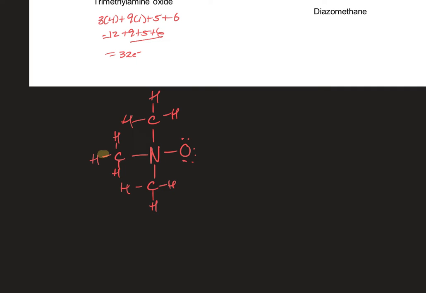So we have 2, 4, 6, 8, 10, 12, 14, 16, 18, 20, 22, 24, 26, 28, 30, and 32 electrons. I'm going to draw that out in a normal bond line or line angle drawing the way we have it right now.